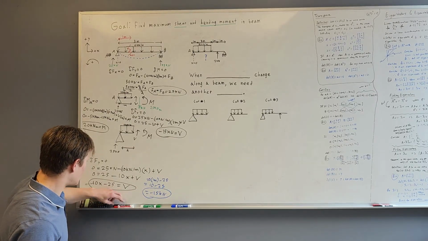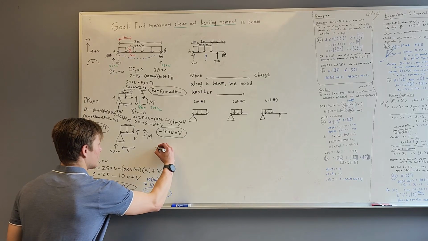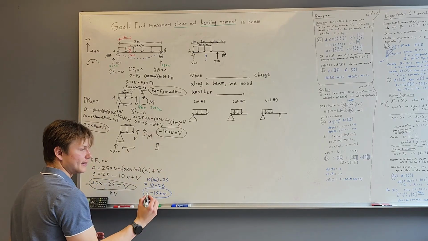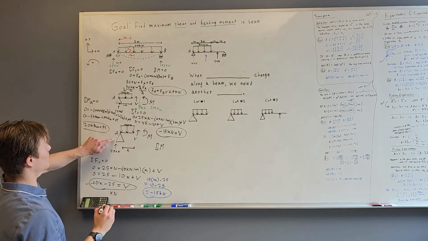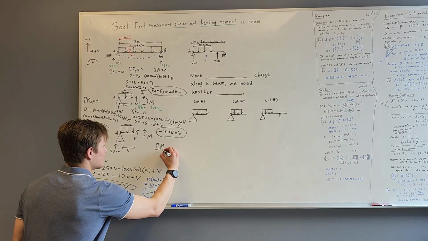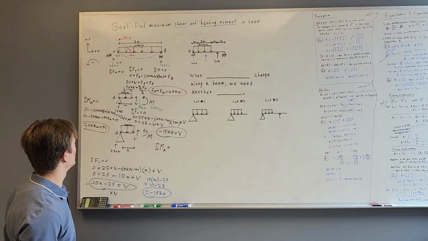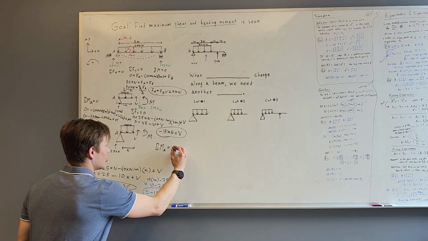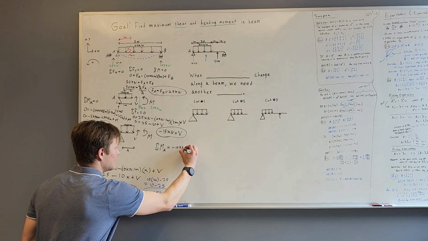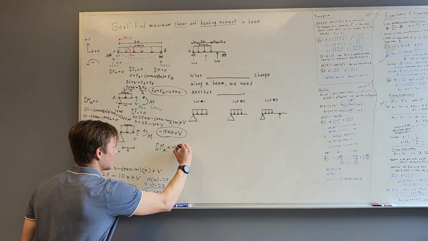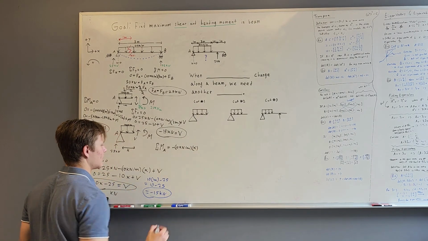So I'll quickly work through the moment as well. So now, same process as last time. Sum of the moments about, this is point A right here. The sum of the moments around A is equal to, same thing as last time, negative 10 kilonewtons per meter over a distance of x.